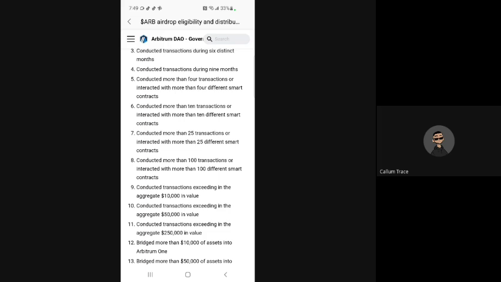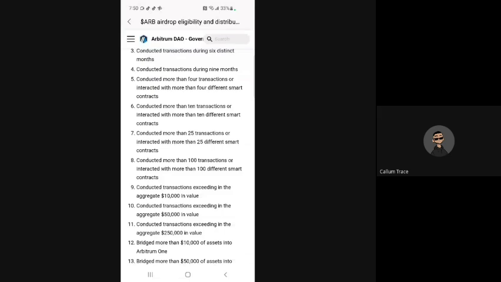Did you use just one project, one smart contract, or did you diversify and use other smart contracts? For instance, Arbitrum has their own bridge. Using the Arbitrum bridge is one contract. So even if you use the Arbitrum bridge 100 times, it counts as 100 transactions, one smart contract.